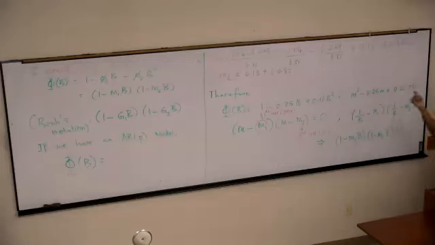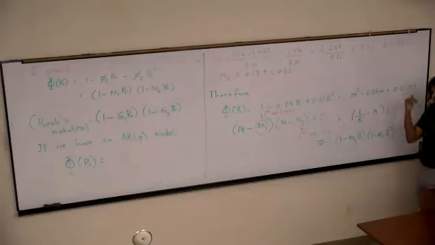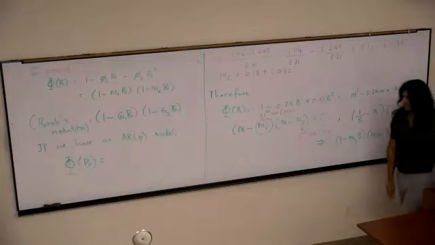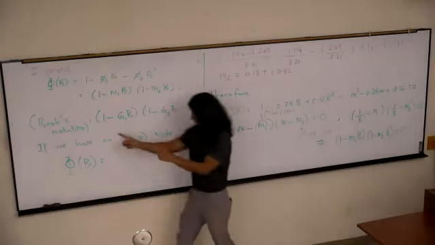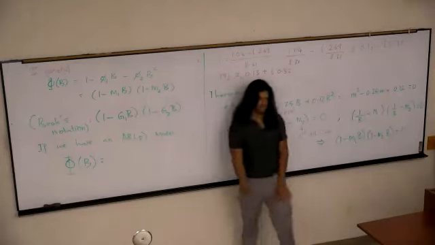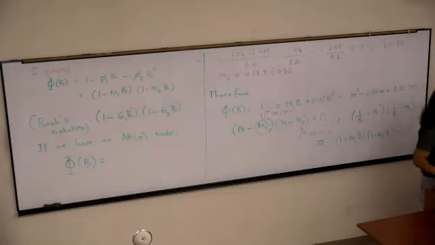AR(2) has a quadratic equation. AR(3) is going to give a cubic equation, then a fourth-degree polynomial, fifth-degree polynomial. Regardless of which case I'm looking at, I can rewrite Φ of B in a set form. What is that form?